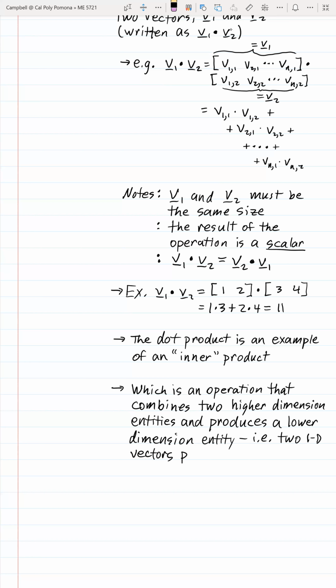And this operation will produce, so two one-dimensional vectors produce a zero-dimensional scalar, in the case of this definition of the dot product. So that gives you an example of an inner product.